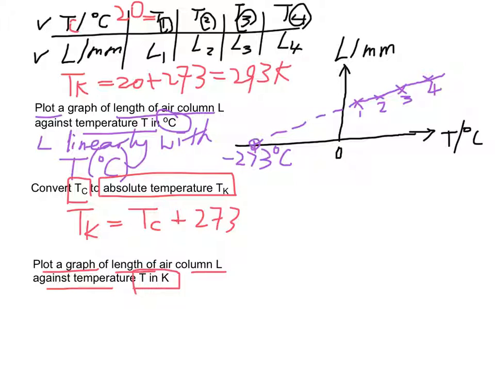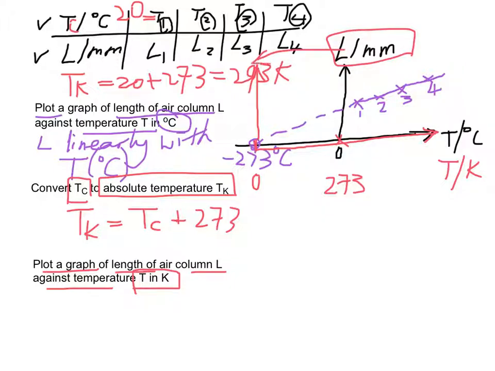Then the x-axis becomes temperature in Kelvin, and at this point the temperature becomes 0 K. At this point the temperature becomes 273 K. The vertical axis is moved to the point passing through 0 K, and the new graph will be like this one.